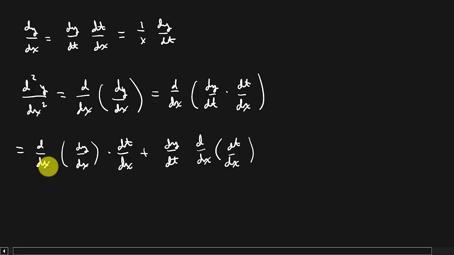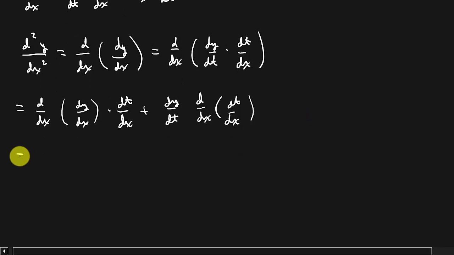I've got the derivative of dy/dt times this plus dy/dt times d/dx of this. That's just the product rule.